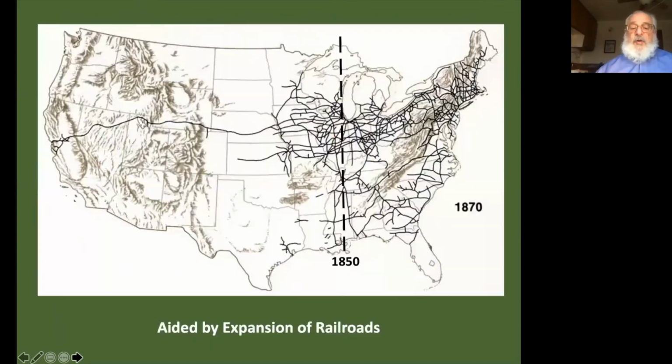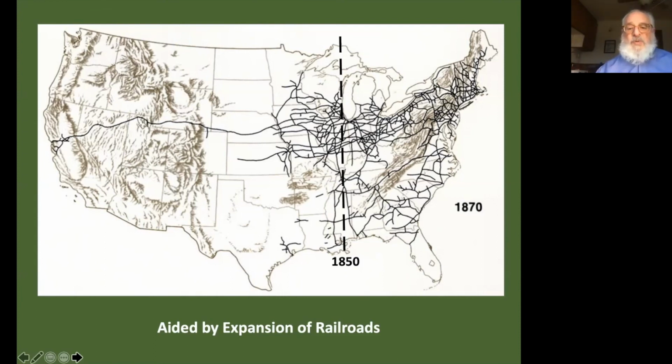And also the railroads came in. And on this map, I've drawn the dotted line where it says 1850. That was the maximum extent of the railroads in 1850. And I'll tell you that I spared you the map of the eastern part of the country, where there were a lot fewer black lines as well.